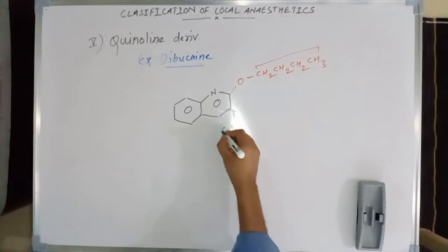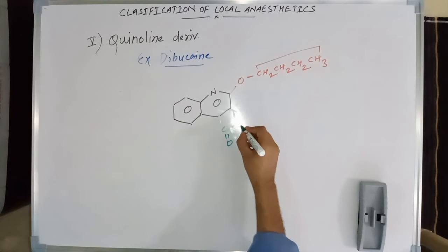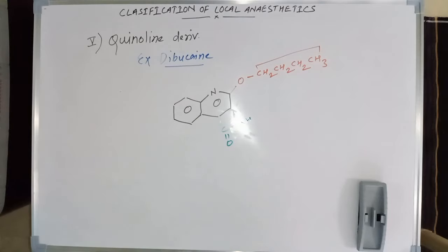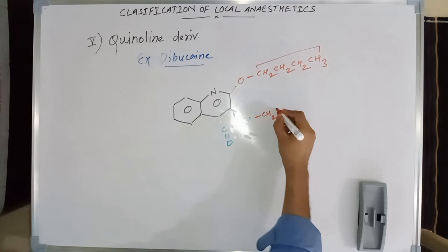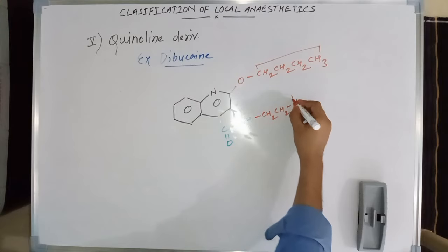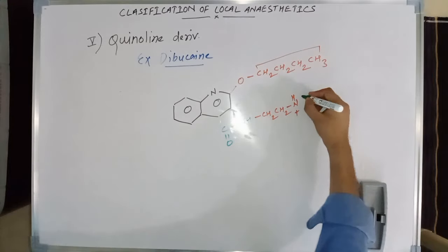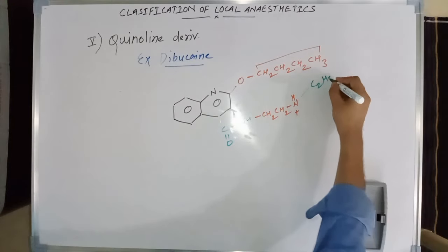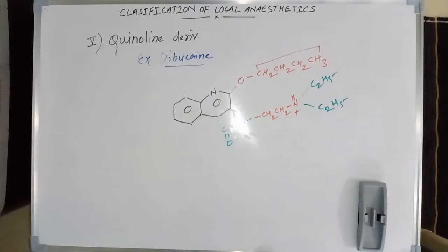On this fourth position, C double bond O, then comes NH, then your same CH2, CH2, NH plus. Then the famous characteristic group, C2H5, C2H5.